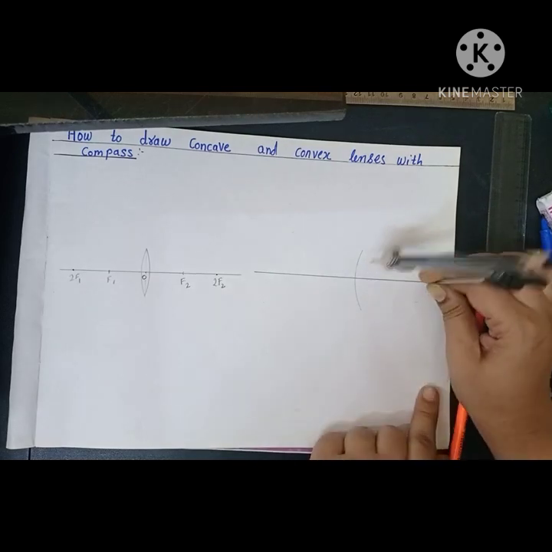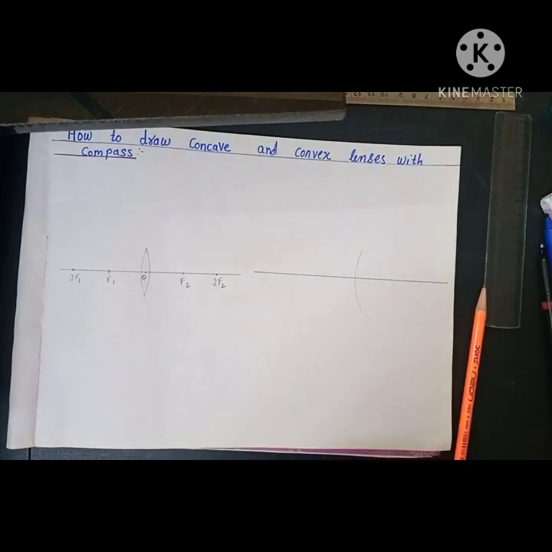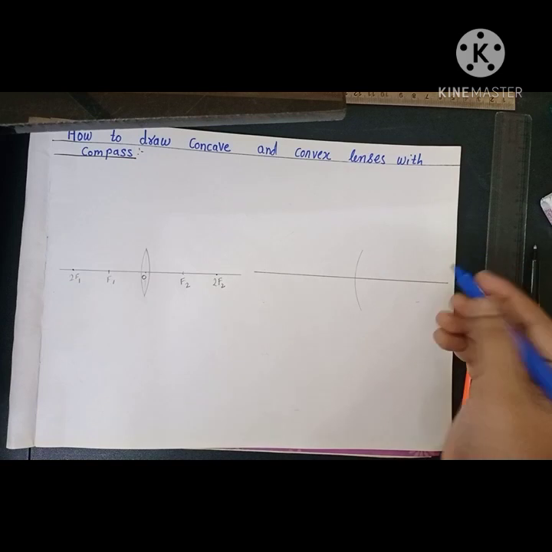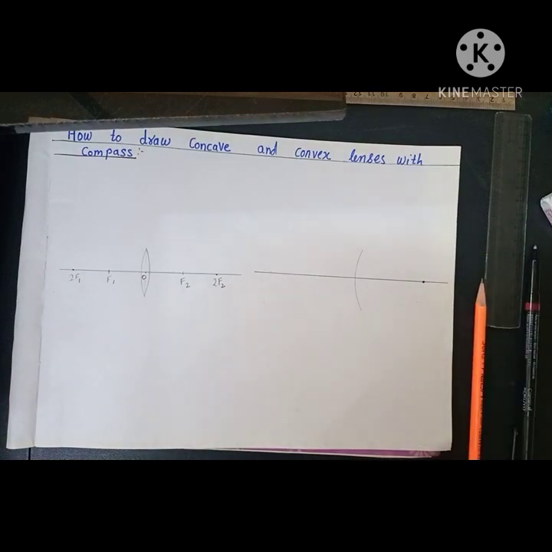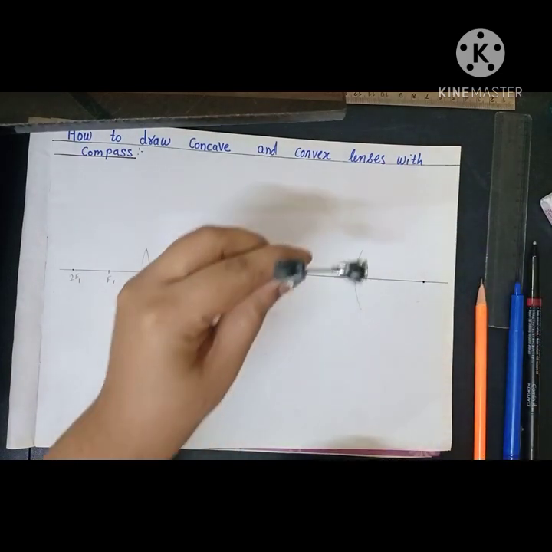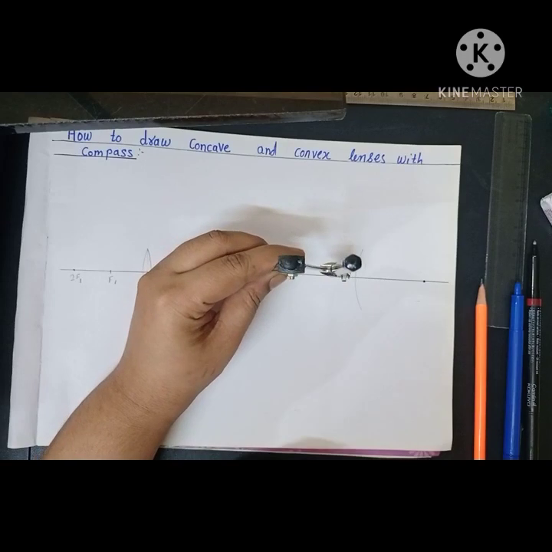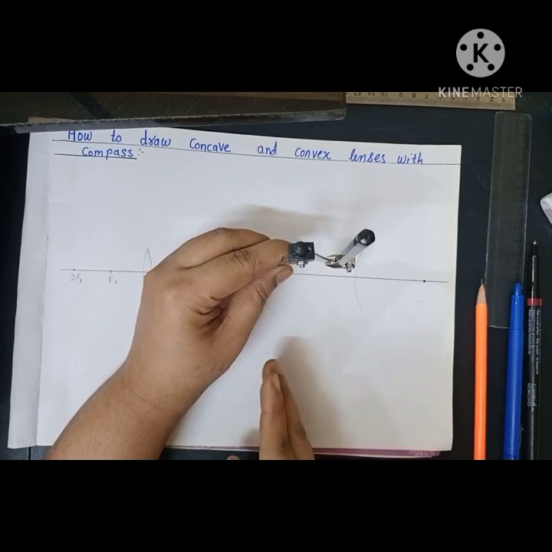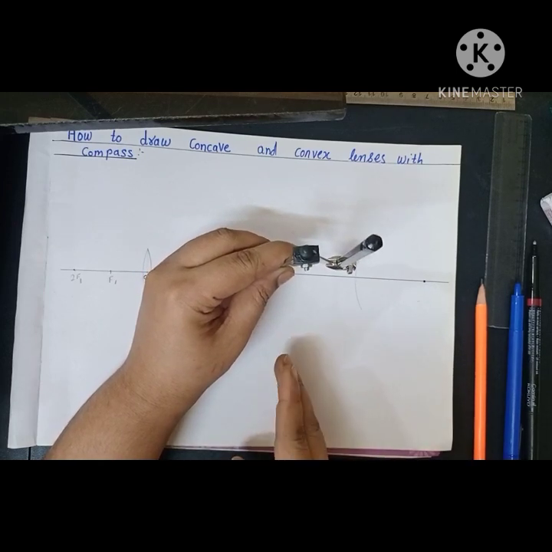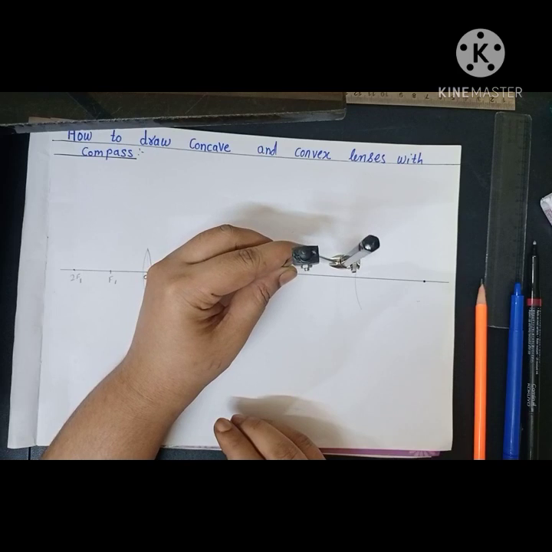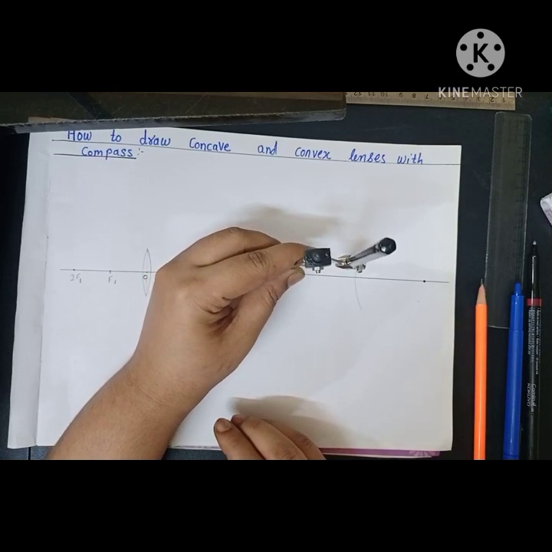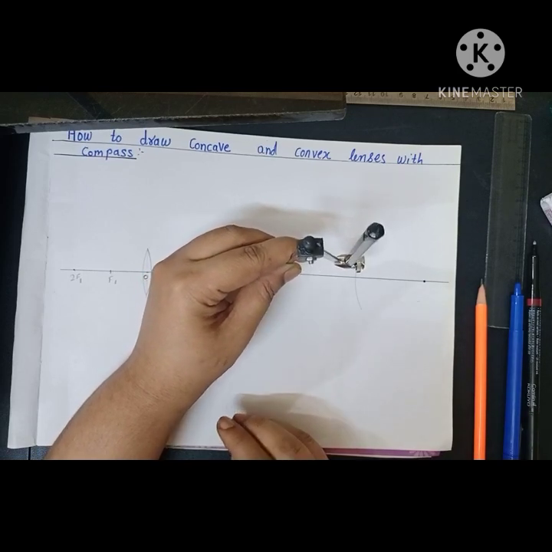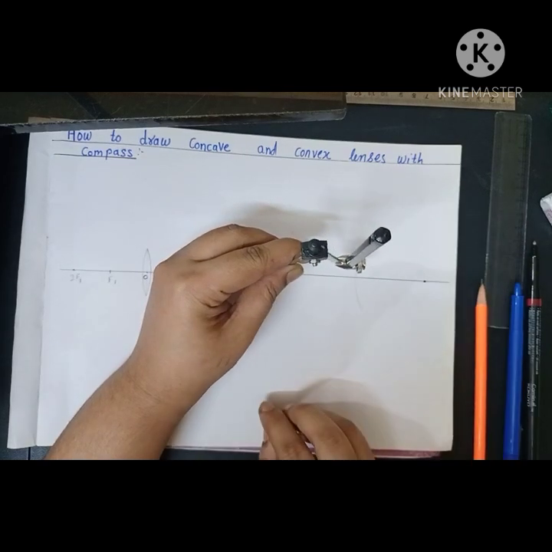Now mark this point and keep. Similarly, now at left side, draw the arc, but you have to keep it outside of that arc to get a concave lens. Check whether you all are drawing thin or thick lens.